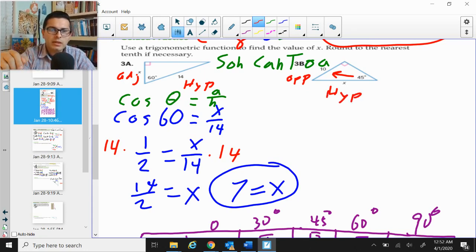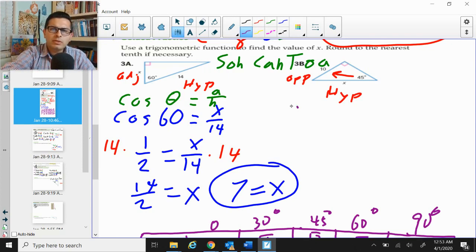Now, if we're using our opposite and hypotenuse sides, which trig function deals with opposite and hypotenuse? SOHCAHTOA. Well, it seems sine deals with opposite and hypotenuse. So let's use sine. Let's use purple.